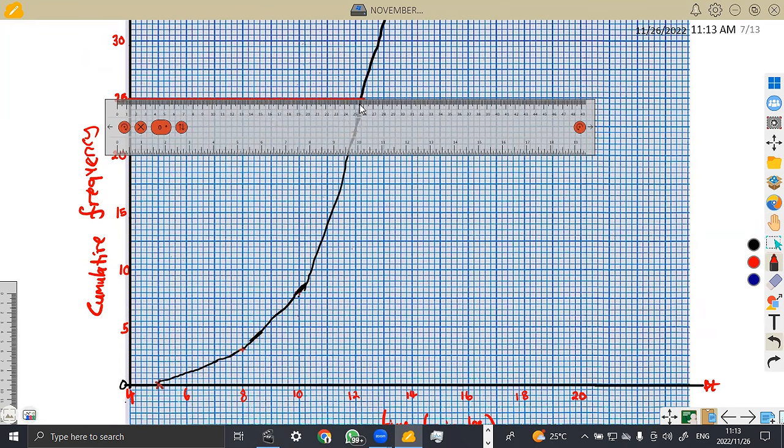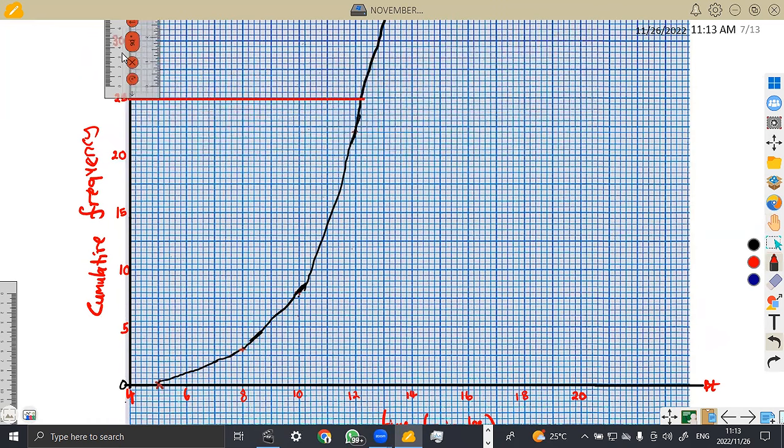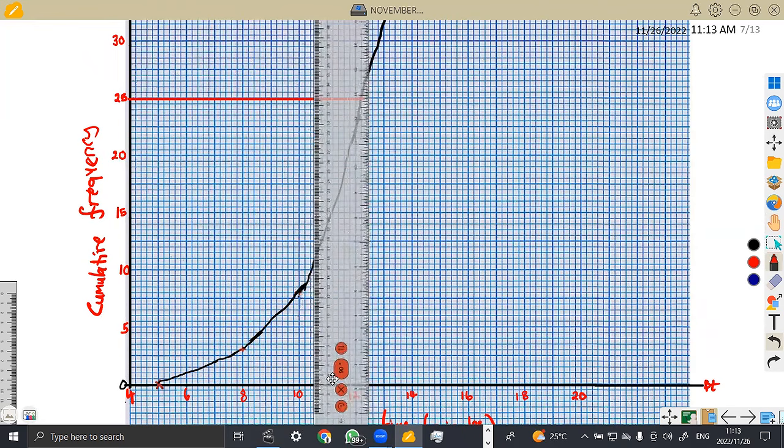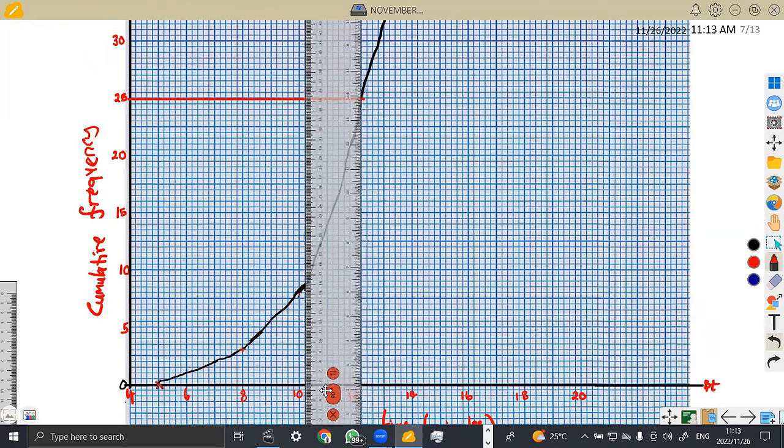Then from the graph, go straight down from that point, down to the horizontal axis. That's where we're going to have our answer, somewhere there.